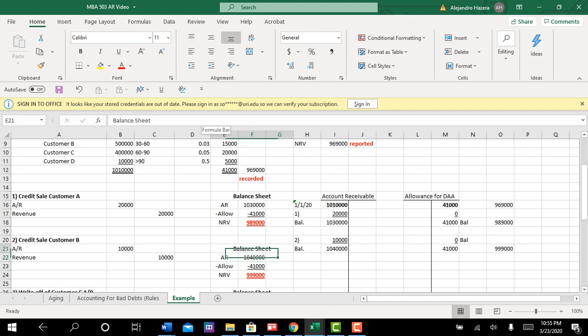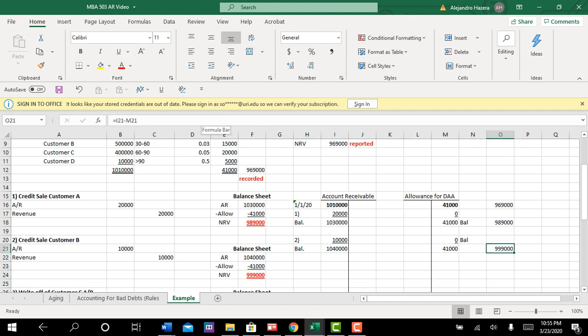You had $989,000 there, which was $1,030,000 minus 41. And your accounts receivable balance is your new balance. You added 10 to it, so you have $1,040,000 now. Your allowance stays the same, so your net realizable value is now $999,000.